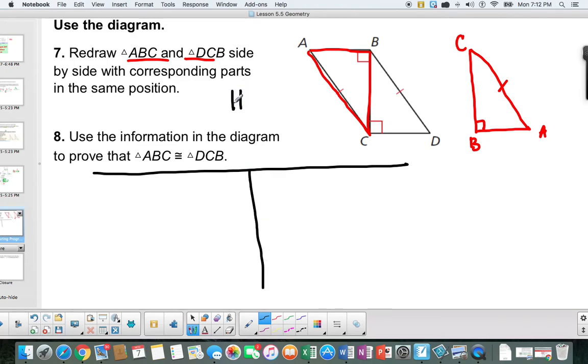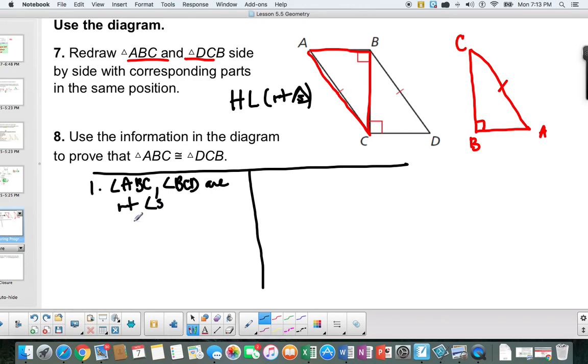Remember, this is HL, and you have to show me right triangles. So there are three things you've got to show me. Number one, we were given that angle B, oh, I shouldn't say angle B, I should use three letters, angle ABC and angle BCD are right angles.